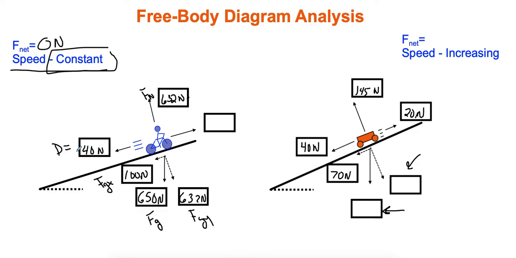So this would be equal to 140 newtons, and we could call that the applied force. So this biker is applying 140 newtons, which equals out the friction and gravitational force going up the hill at a constant rate. Okay, next example. We have to fill out our boxes down here.